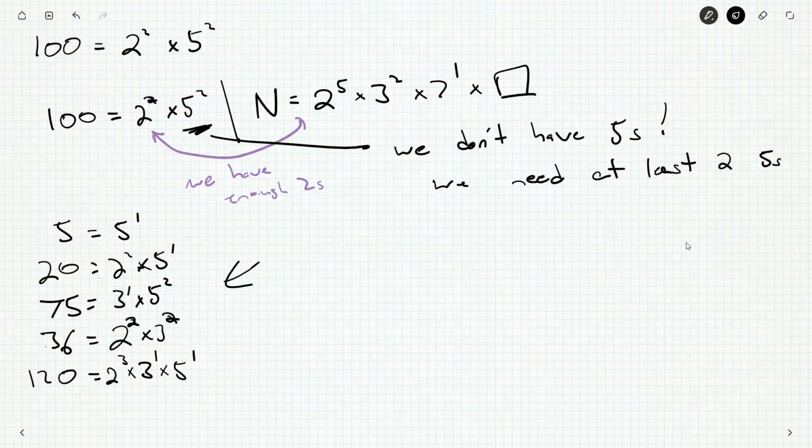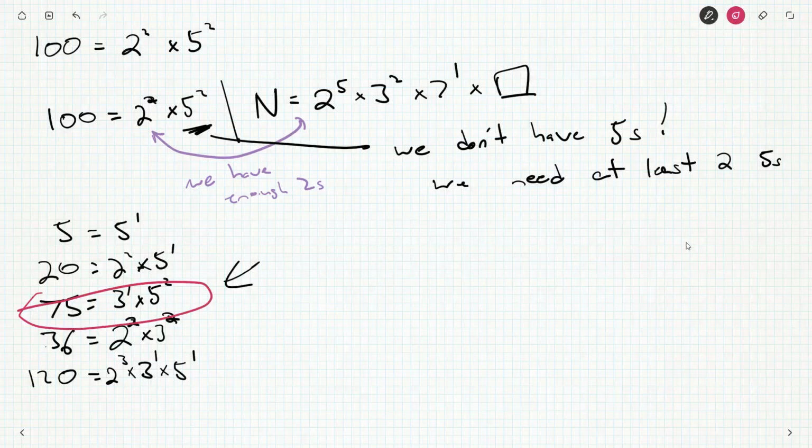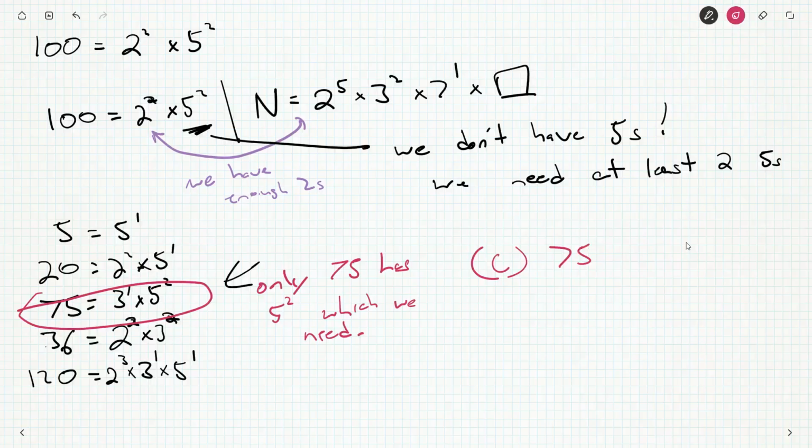So that's 8 times 15, yeah, that's 120. So only 75 has 5 to the 2, which we need. So our answer is going to be C, 75.